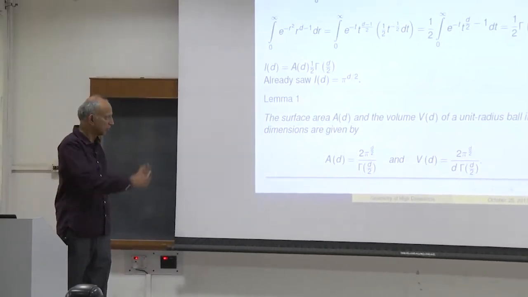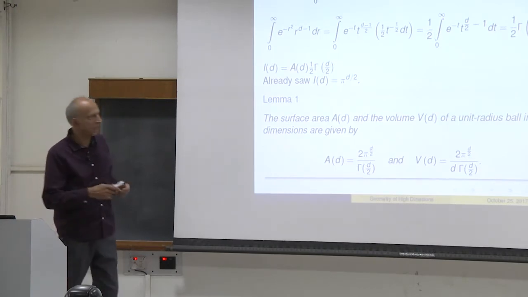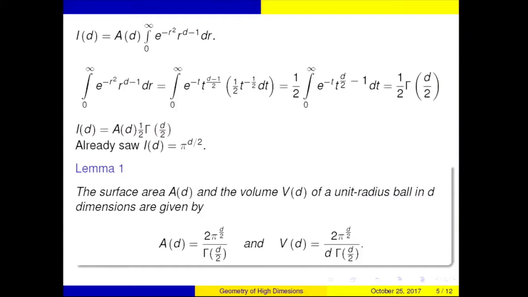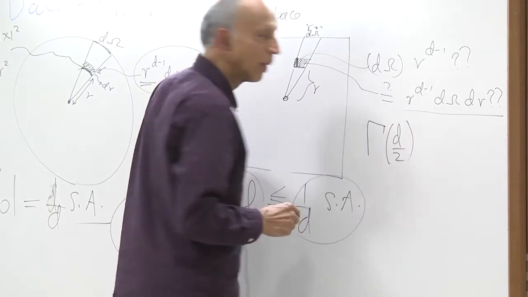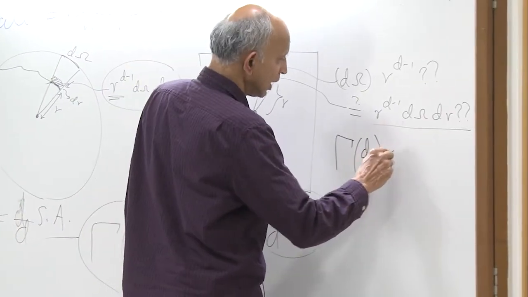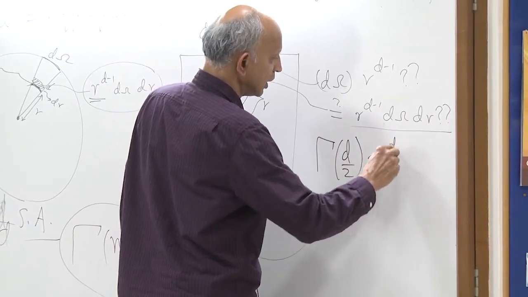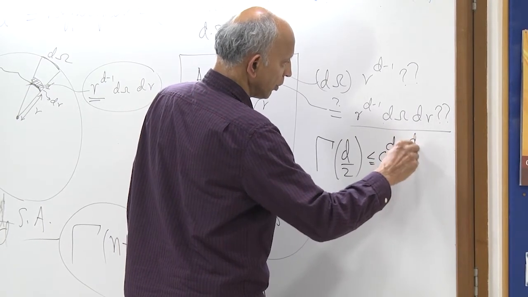So that's the volume and surface area of the sphere. As you see, this is much simpler to do once you connect with the Gaussian, than perhaps if we did it by just multiple integration. Now the thing to observe from this is gamma of d over 2 is less than or equal to c to the d times d to the d over 2.